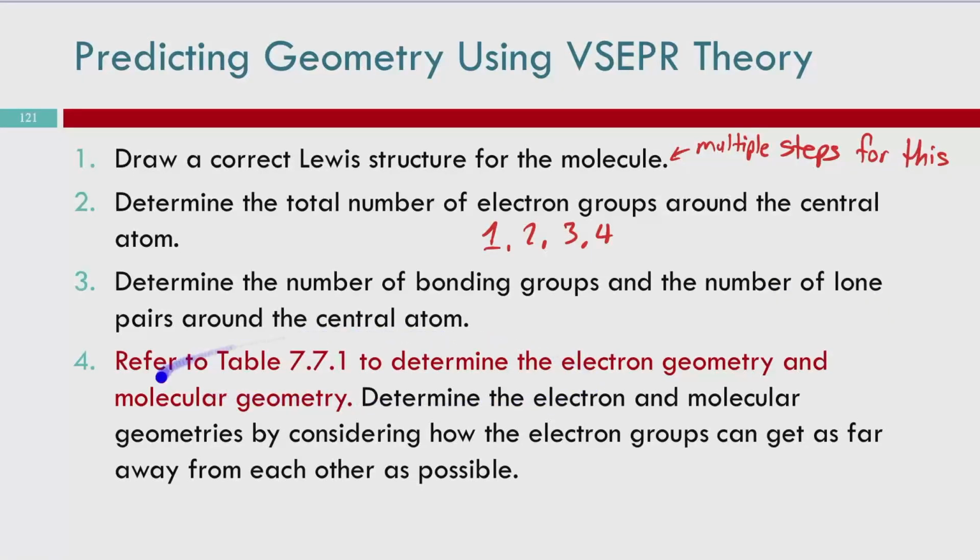You can either have memorized or refer to the table to determine our electron geometry or molecular geometry. Electron geometry includes lone pairs. Molecular geometry excludes lone pairs. So this would be our shape including lone pairs.